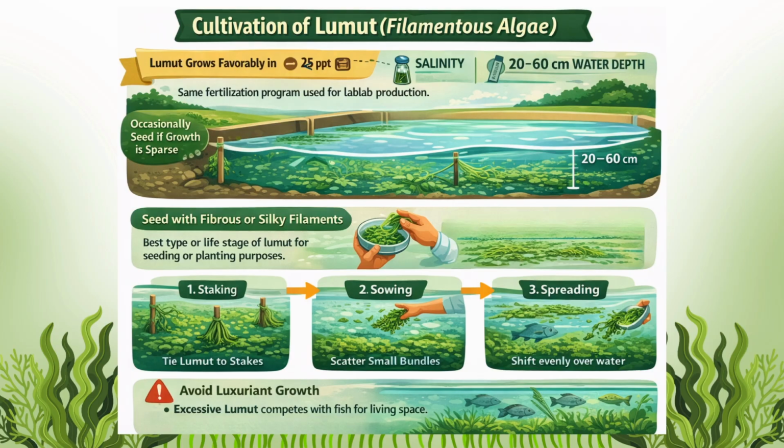Fibrous or silky filaments are the best life stage of lumot for seeding or planting purposes. So these are planted either by staking, sowing, or spreading. Luxuriant growth is not entirely desirable because this plant and the fish stock will compete for living space.